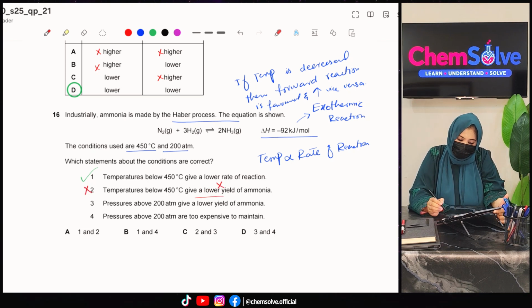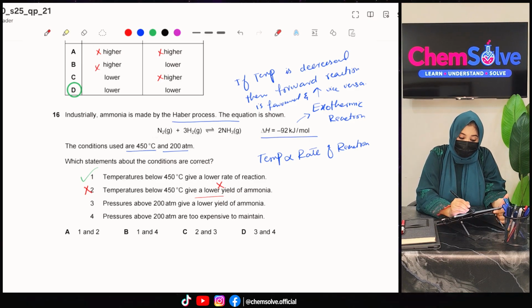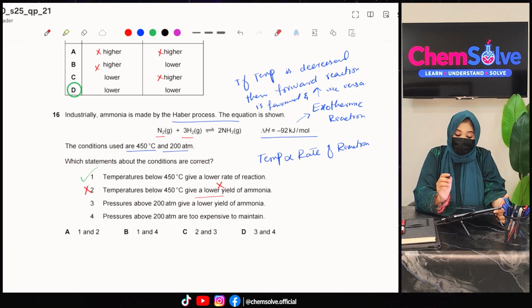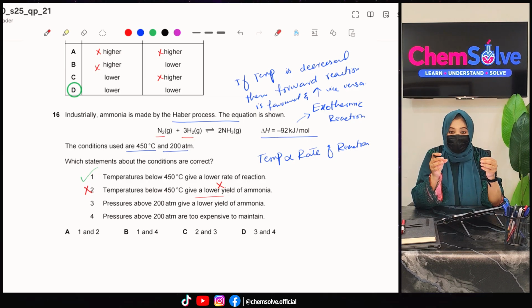Pressure above 200 atm gives a lower yield of ammonia. Both of them are gases. Nitrogen is a gas, hydrogen is a gas. So if both are gases and we increase the pressure, then they come closer to each other. Collision is increased, and if the collision would increase, then there would be a higher rate of reaction and more product would be favored, more ammonia would be formed.